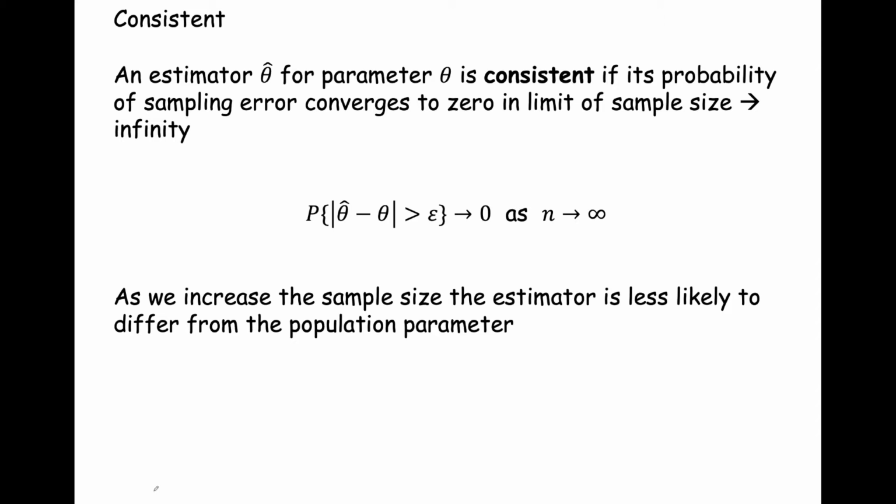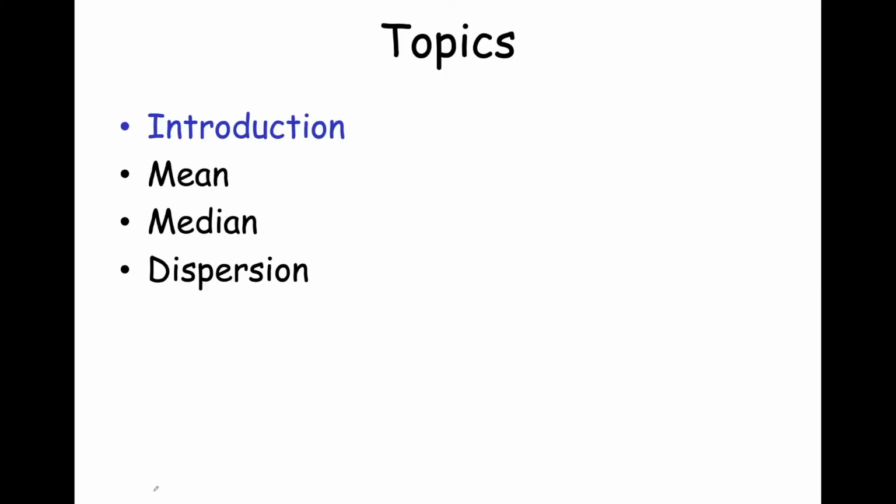So what that says is as long as the size of the sample set or the number of samples you take is large enough, that estimator, theta hat, the statistic, in this case the sample mean, diverges very rarely from the unknown population mean. And so if we increase the sample size, the estimator, our statistic, is less likely to differ from the population parameter.